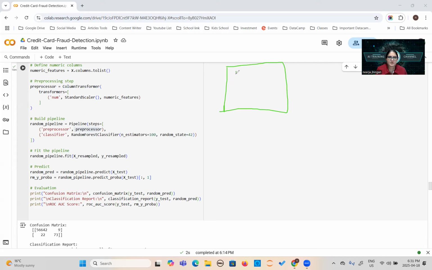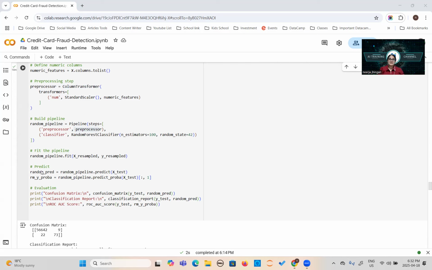It will pick up all your numeric features, although we don't have any categorical ones, and scale them. Then it will fit onto the model. So all these three steps will be done under one roof. This is the only purpose. That's why we are doing this.